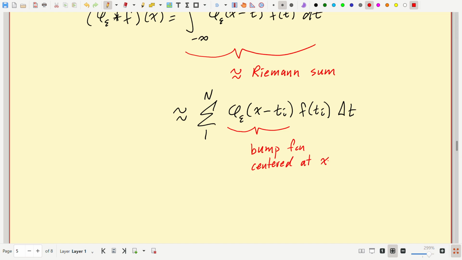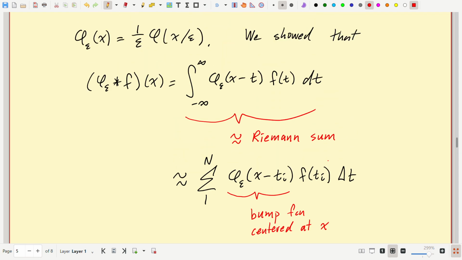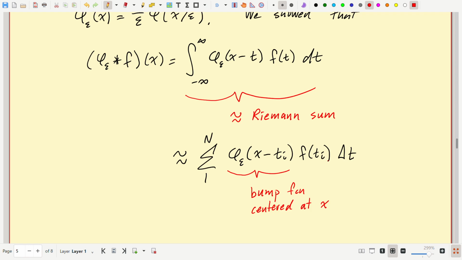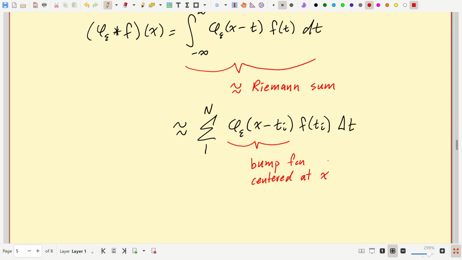And remember that we saw that this thing converges to f. So what I have here is that f of x can be approximated by this. And so f can be approximated by a sum of bump functions.